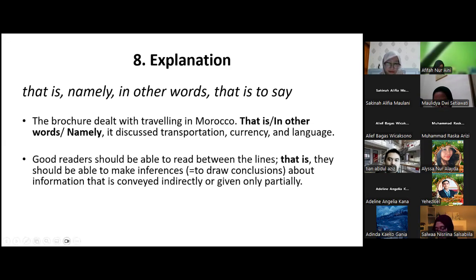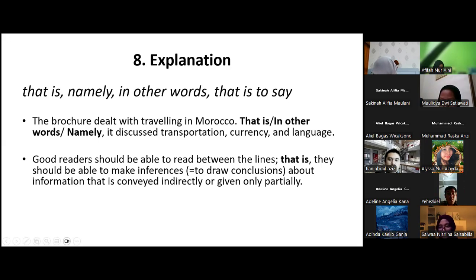Okay, continue. Good readers should be able to read between the lines. That is, they should be able to make inferences, to draw conclusions about information that is conveyed indirectly or given only partially. Here, the first sentence explains about good readers. Maybe for someone, the first sentence is not clear.